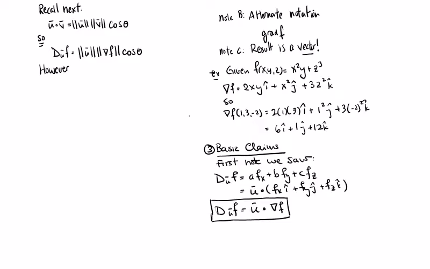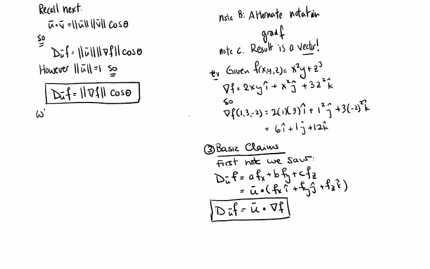Remember, the definition of the directional derivative demanded that u be a unit vector. So now we know the directional derivative is the magnitude of the gradient times the cosine of the angle between u and the gradient. Keep in mind that theta is the angle between u and the gradient.